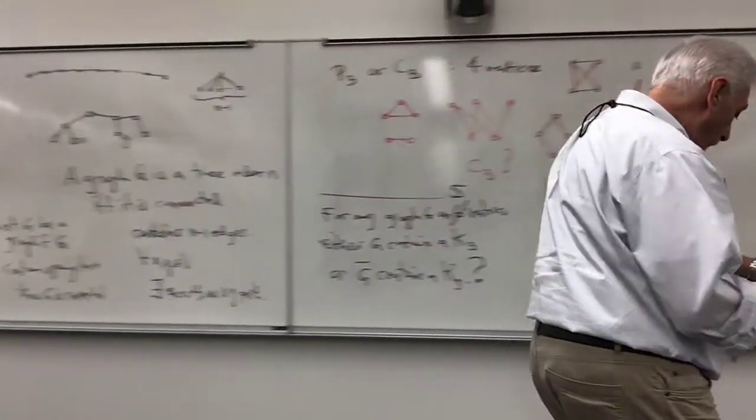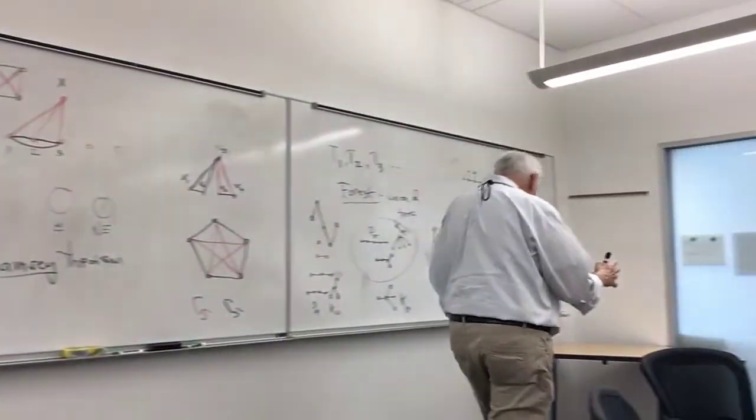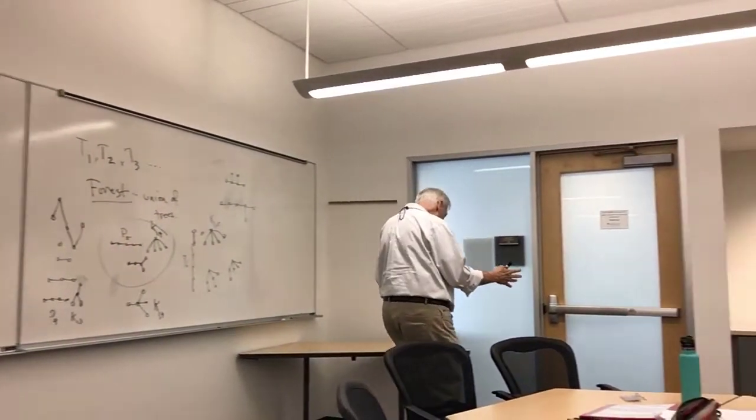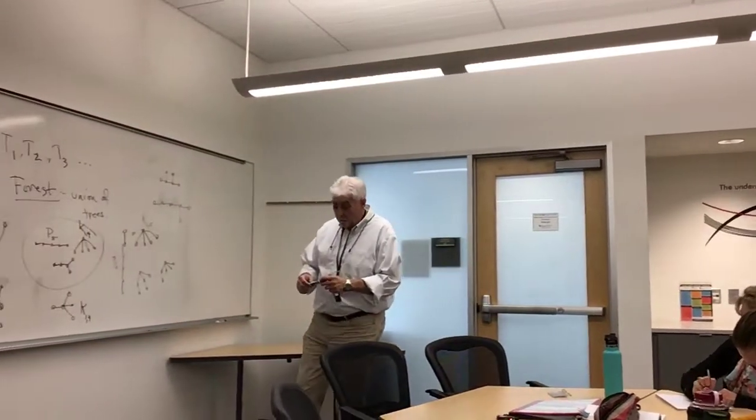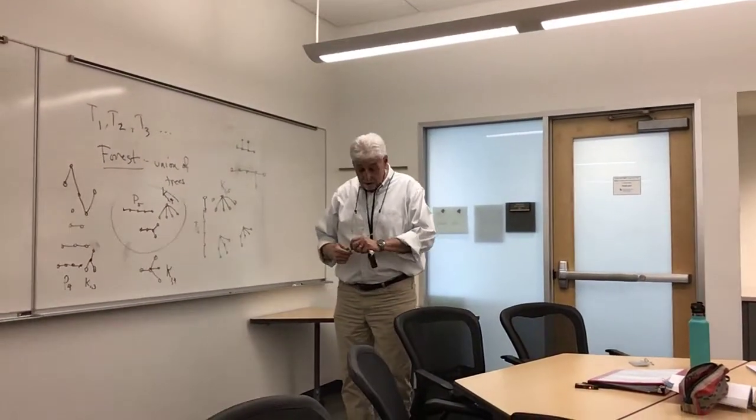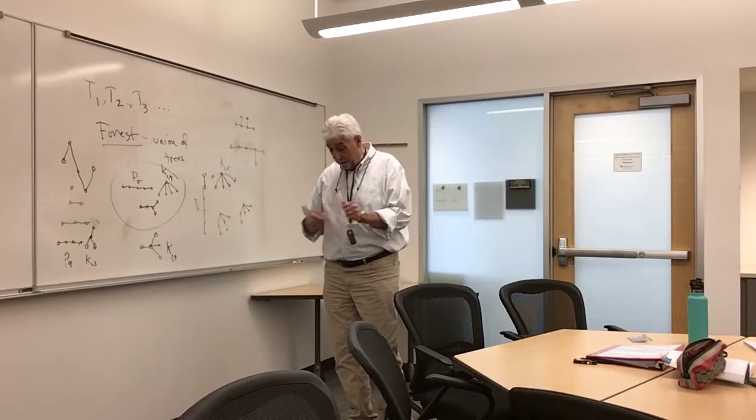Okay. So I'm going to give you a problem now. I want you to think about it for Thursday, and then we'll come back and go through trees again starting Thursday.